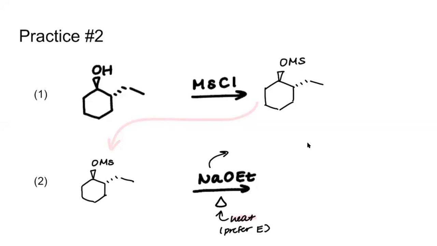So it's going to be E2 because this is generally a pretty good nucleophile, also a pretty good base. Remember, I'm just going to draw the E2 product because we have this heat there, which means we favor E2 as opposed to SN2.